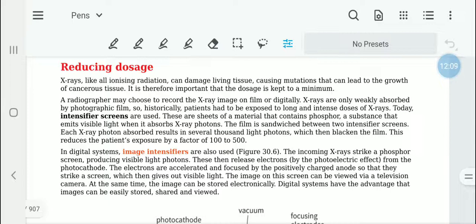This accelerates and intensifies the blackening process, reducing the patient's exposure.